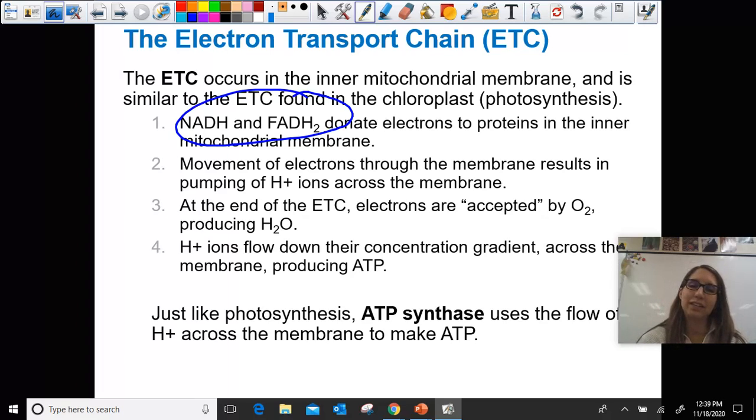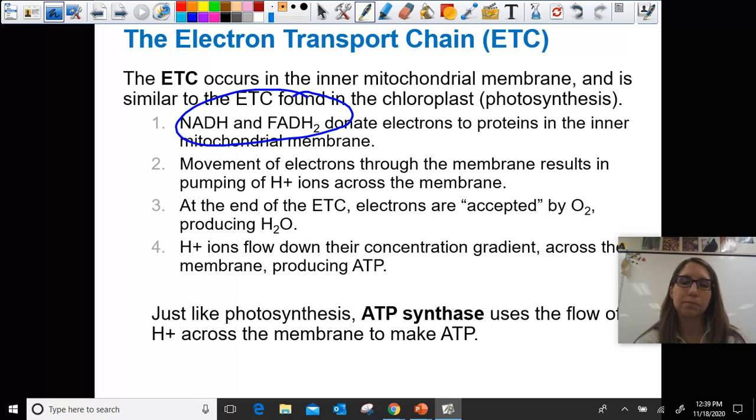At the end of the ETC, just like we saw in photosynthesis, electrons have to go somewhere, and this time they're going to go to our oxygen, and that will then create water as a byproduct. So oxygen, remember, this is aerobic. This is where that reactant comes into play.